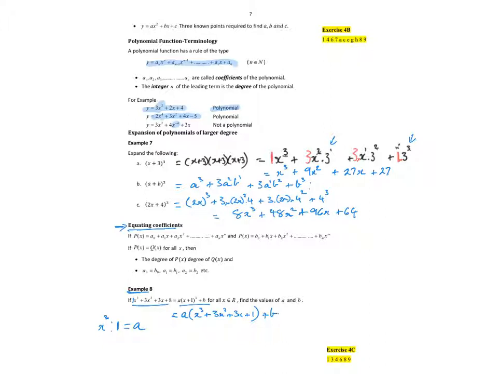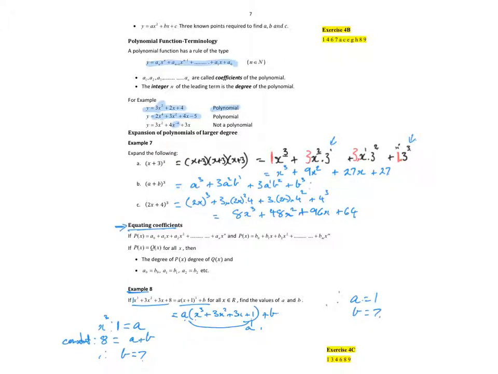Okay, and the only other place the b occurs is at the constant. So the constant on the left-hand side is 8, and that has to equal the constant on the right-hand side, which is a times 1, which is a, plus b. Since a is equal to 1, b must be equal to 7. So therefore, a is equal to 1, b is equal to 7.